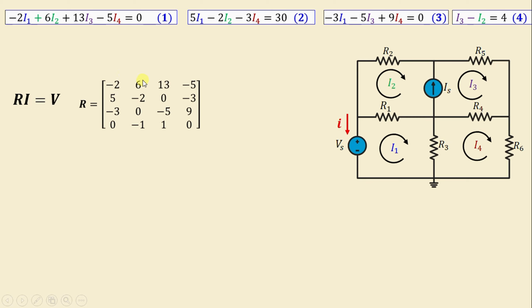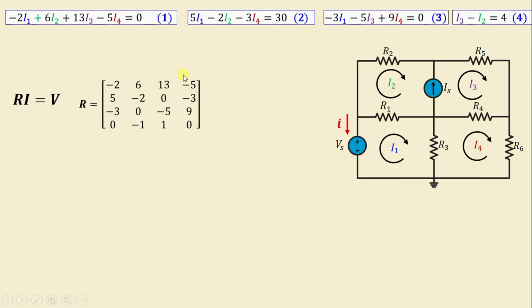Column 2 is the coefficients multiplying I2 in the first equation, second equation, third equation, and fourth equation. Column number 3 are the coefficients multiplying I3 in the first equation, second equation, third equation, and fourth equation.